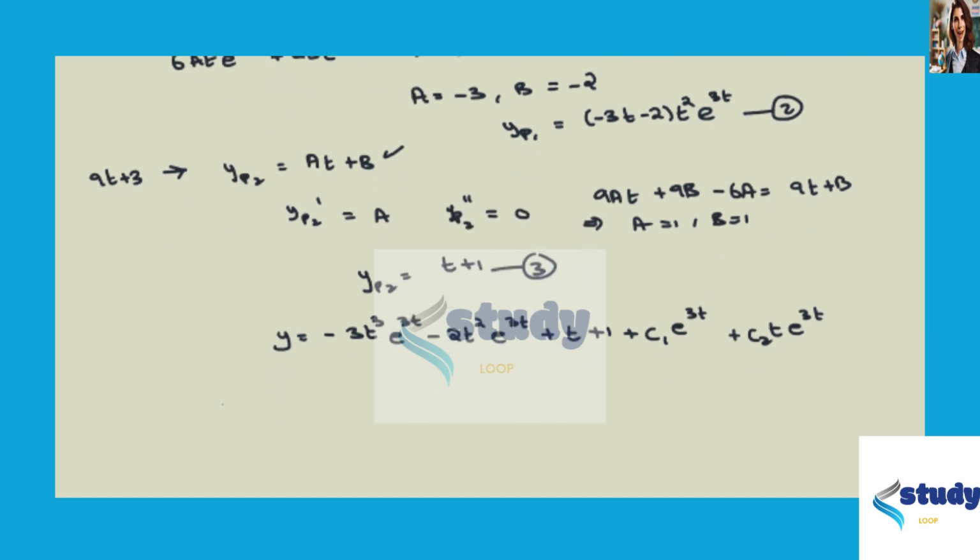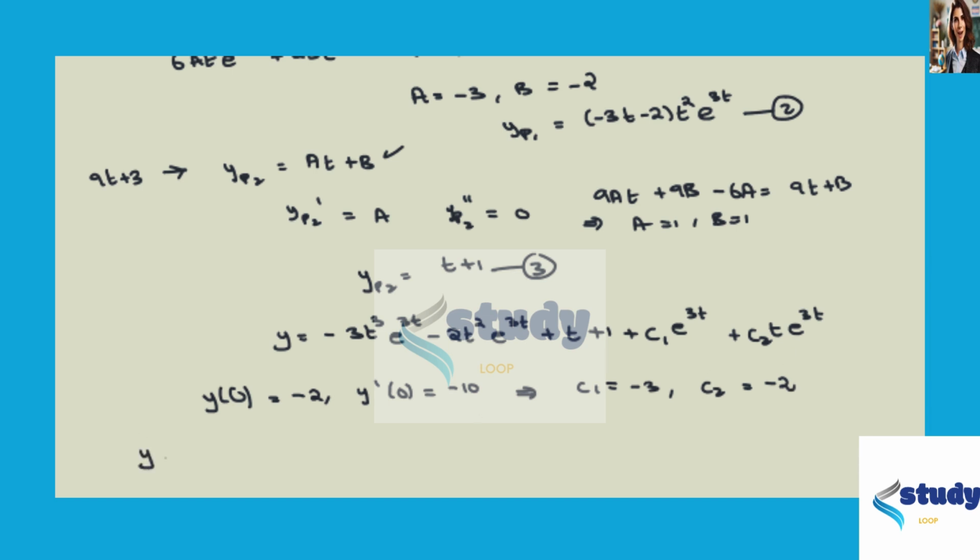Making use of the initial conditions that y(0) equals -2 and y'(0) equals -10, we obtain the value of c1 to be -3 and the value of c2 to be -2.